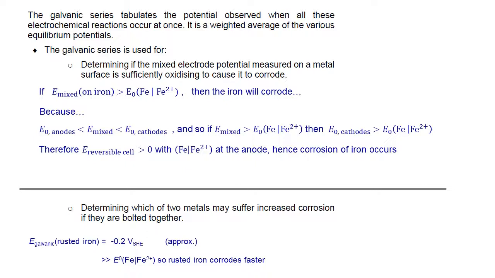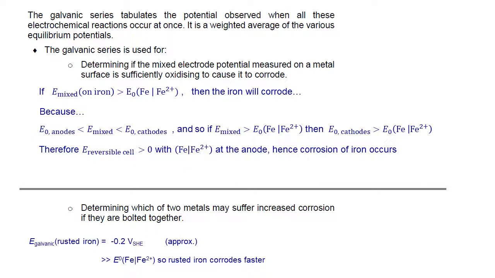So, if the mixed surface potential is more positive than the metal equilibrium potential, then definitely there will be cathode equilibrium potentials more positive than the metal equilibrium potential, which means that in equation 2.57 there will be some positive reversible cell potential for an electrochemical process with the metal at the anode and one of the existing cathodes at the cathode, and therefore the metal will corrode.